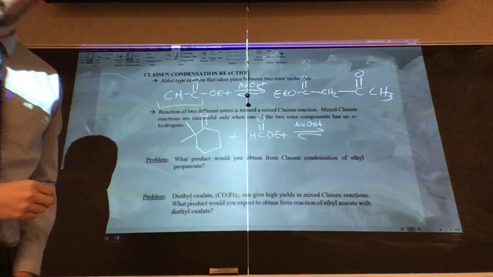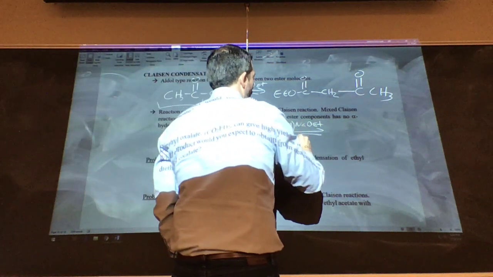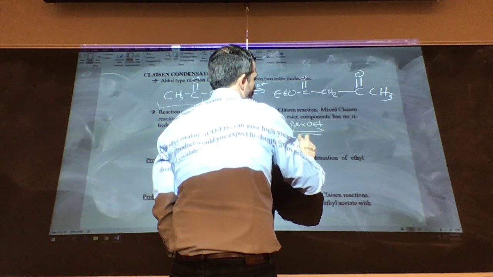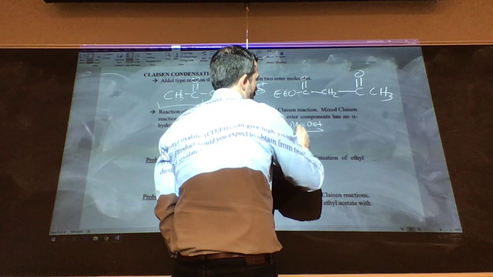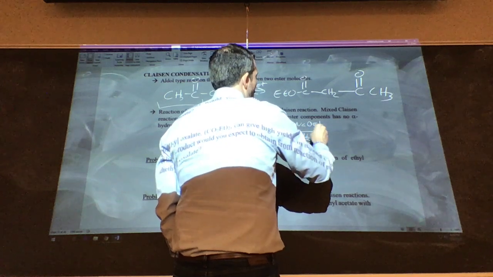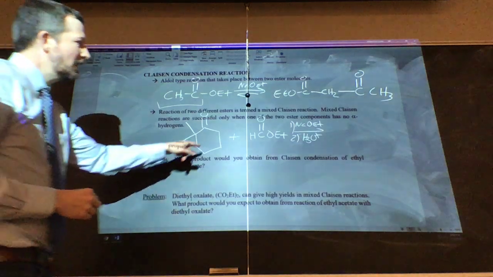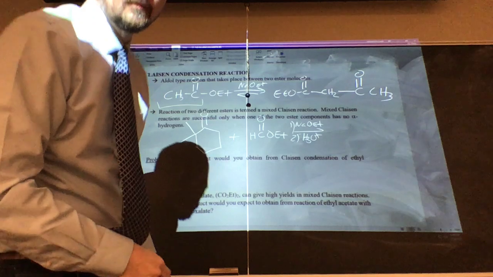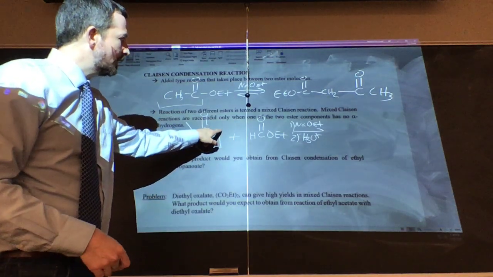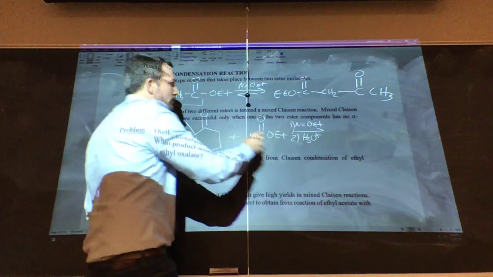So let's look at the product of this reaction. I only have one source of alpha protons here, and so that's the alpha proton that I'll remove.